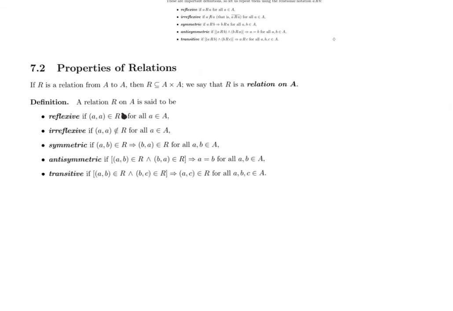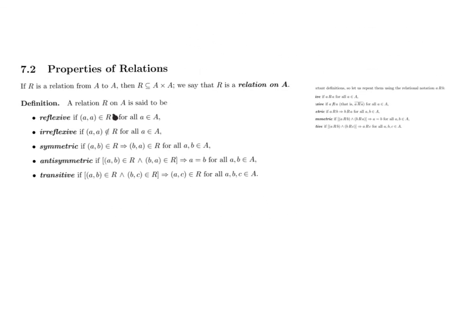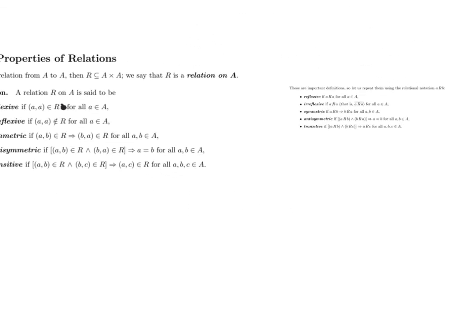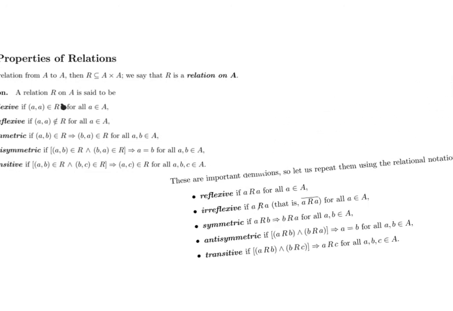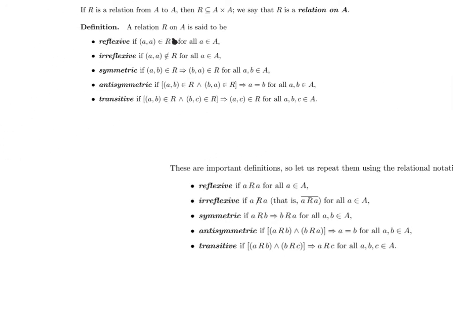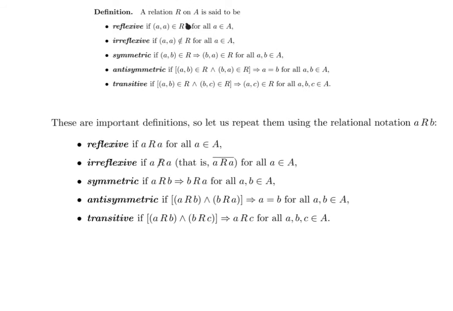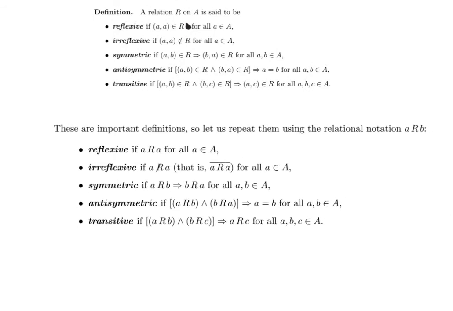Now I want to go over these one more time, but with the slightly different notation that we've seen. Remember we're going to see this notation a lot, the capital R being between two elements.